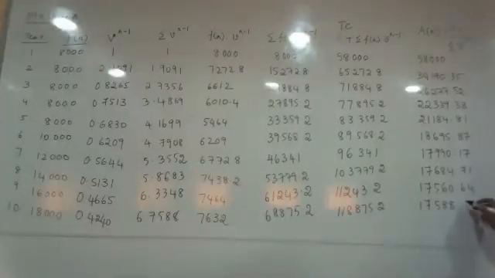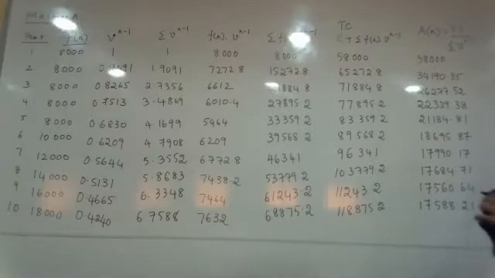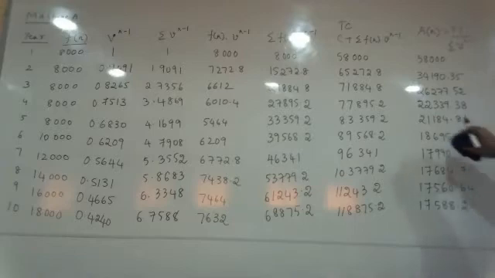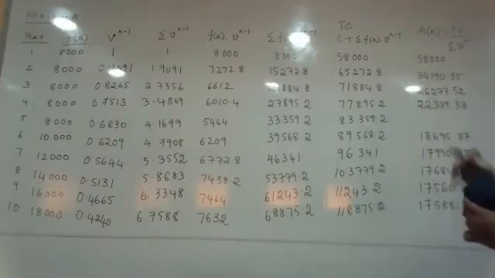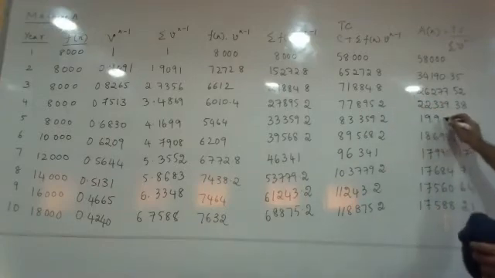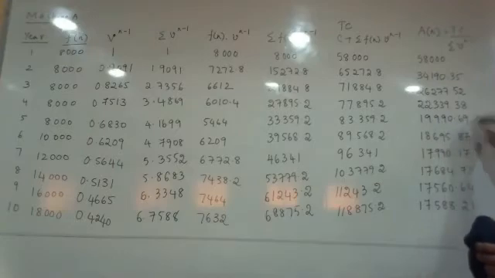And sir, the fifth value is 19,990.69. Okay. All other values are correct.